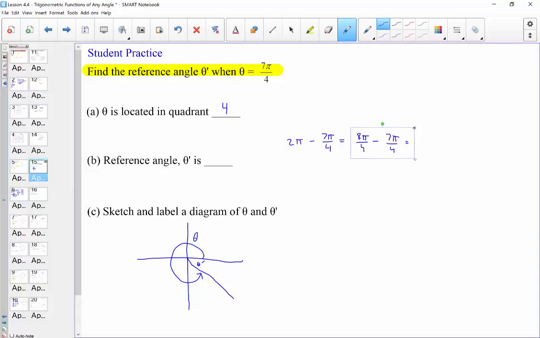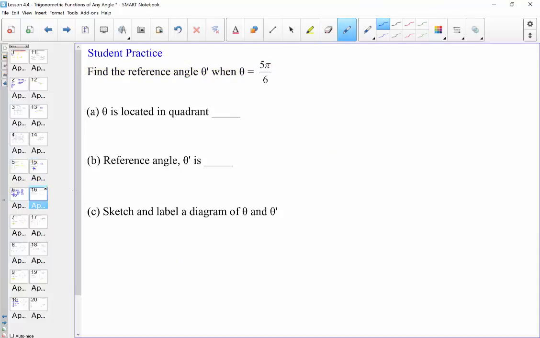The answer is pi over 4. So our reference angle, theta prime, is pi over 4. In our diagram, theta prime down here equals pi over 4. Now go ahead and try this problem. Please pause the video and restart it when you're finished.